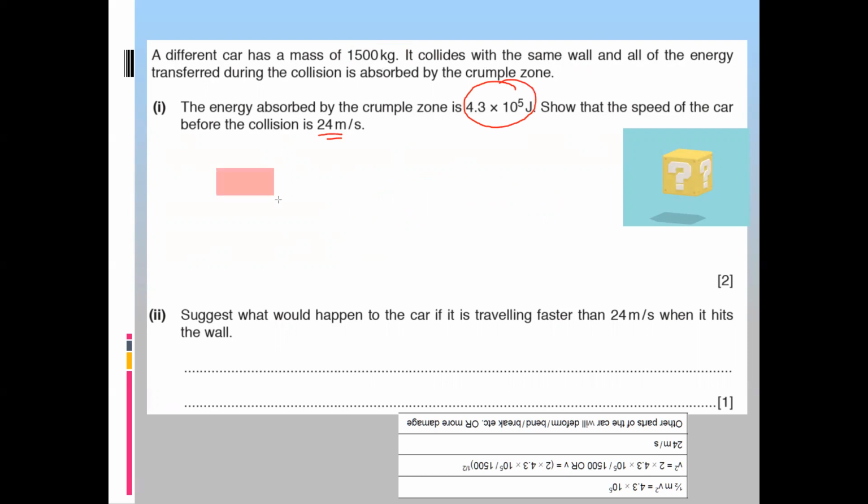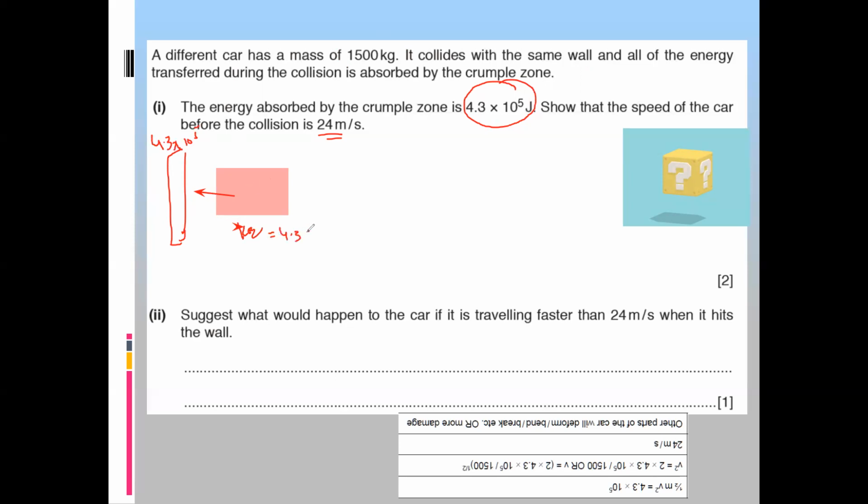Basically, when the car is moving, it will have kinetic energy. But when the car hits the wall, all of its kinetic energy is transferred into the wall as elastic energy. So if the wall absorbed 4.3 times 10 to the power 5 joules, how much kinetic energy did the car have?